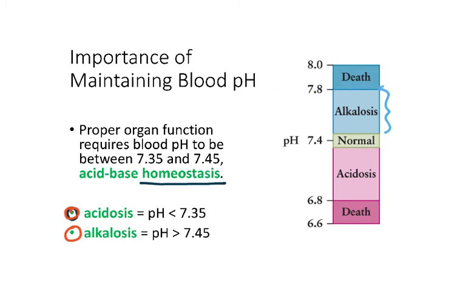Same with acidosis. It's got about a 0.4 range, and if it gets below that, it again leads to death. So pretty serious consequences, obviously, outside a fairly small window of blood pH. So it's really important to maintain this consistent homeostasis.